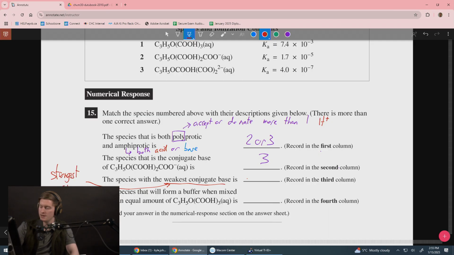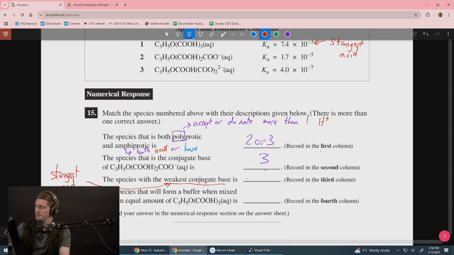If you have a weaker conjugate base, you will be a stronger acid, which means it will be the biggest Ka. The largest Ka is right here. This citric acid, this first one, this is our strongest acid.